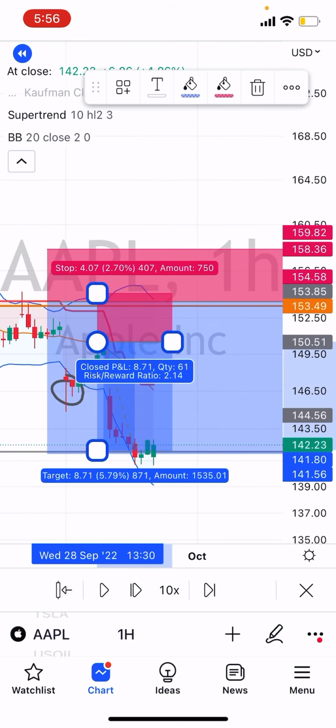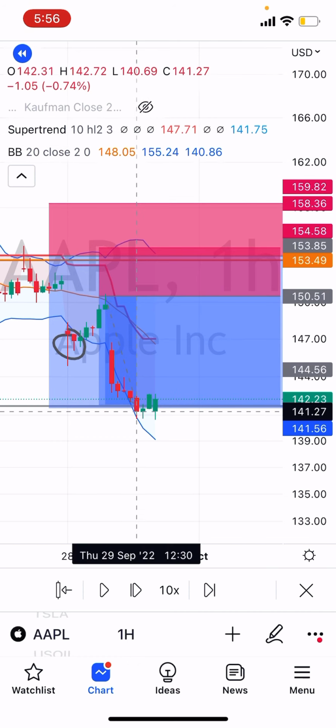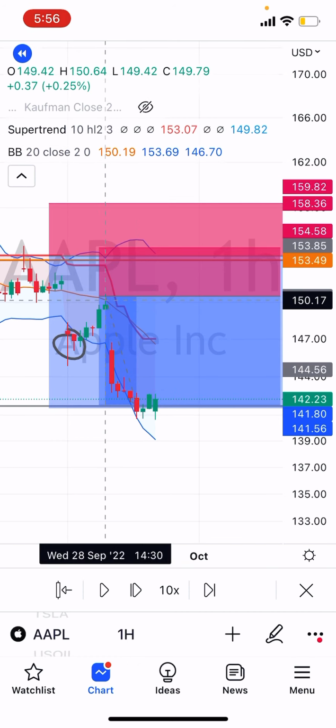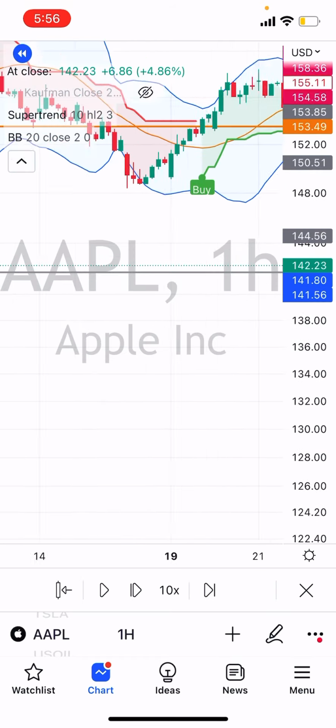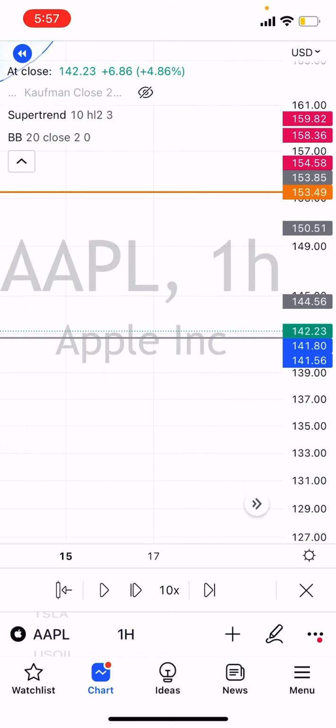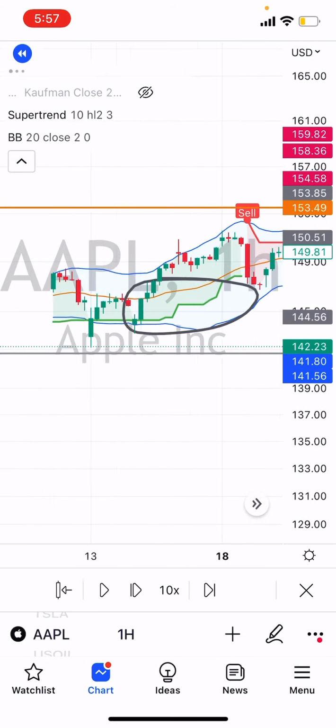And look at that. If we would have taken both trades, price came down here, wicked our entry at 150, and came down here at 141. If you would have taken two trades, you would have been making the money right there.